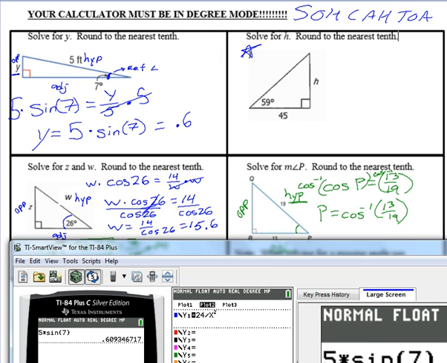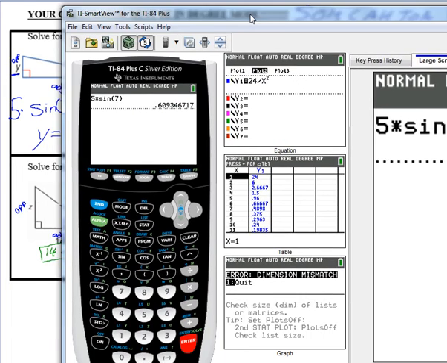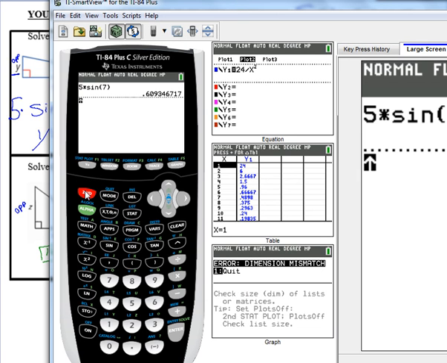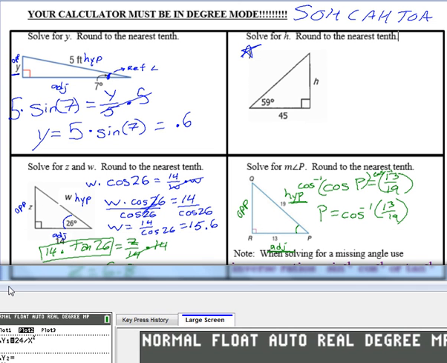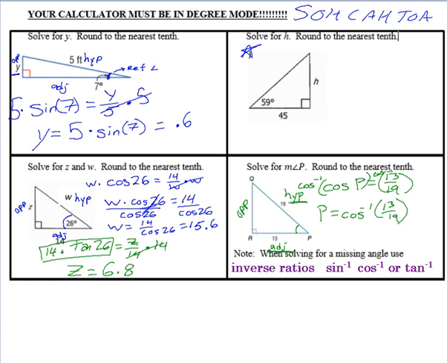To get that on the calculator, you hit second and then the cosine button, and that pulls up your inverse cosine. Now you just type in your fraction, 13 divided by 19, and that will tell you how many degrees the angle is. So 46.8 degrees. We can say that P equals 46.8 degrees.